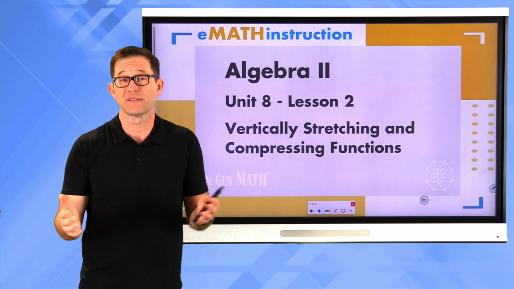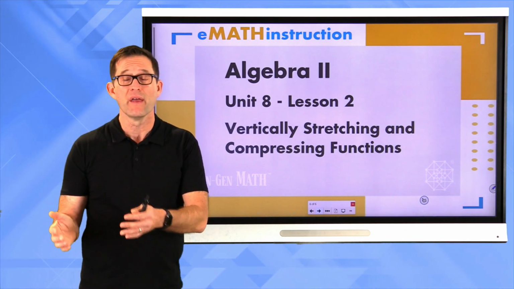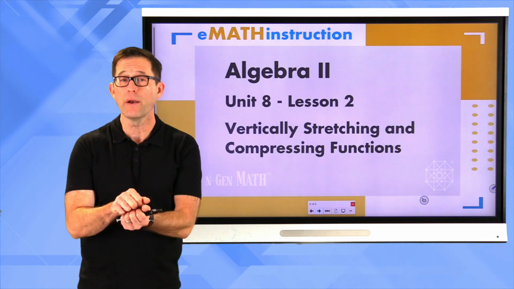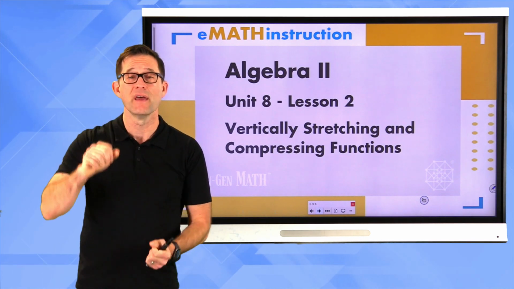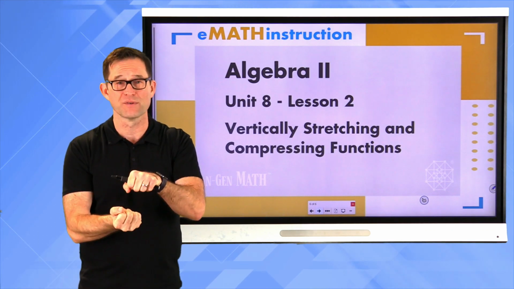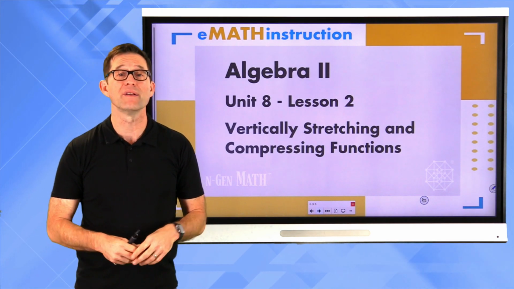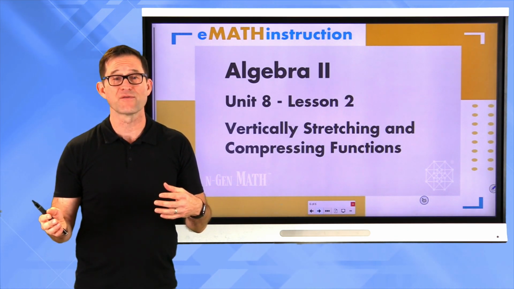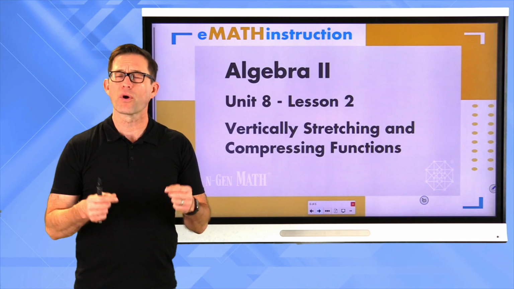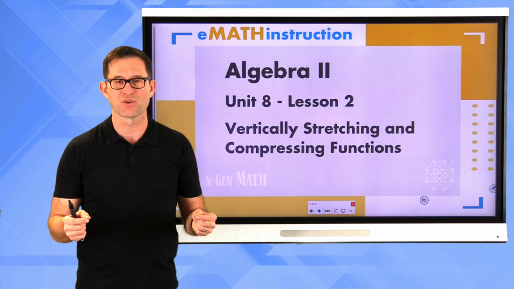And we do that by simply multiplying the whole function by some positive number. If that positive number is greater than 1, we're stretching it away from the axis. If that number is between 0 and 1, we're compressing it towards the x-axis. All right, well, obviously, since this entire unit is on transformations, we're going to see this more, but we're going to definitely see vertical stretching and compressing throughout the rest of this course.